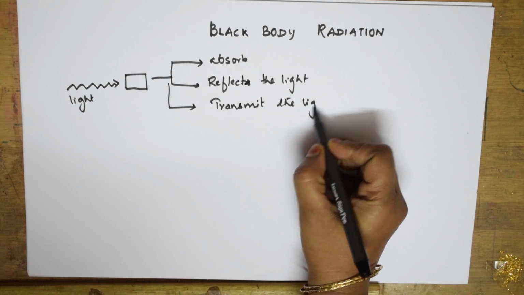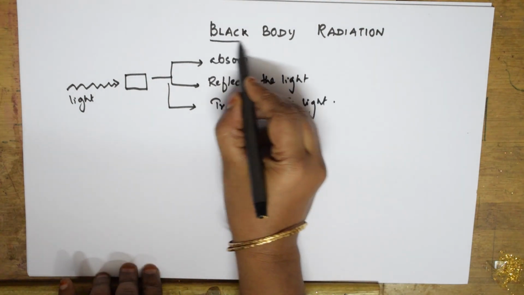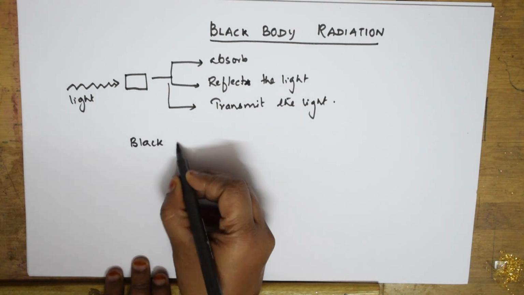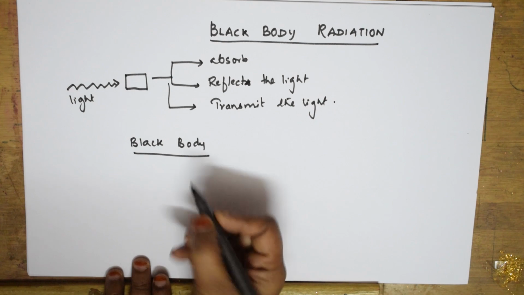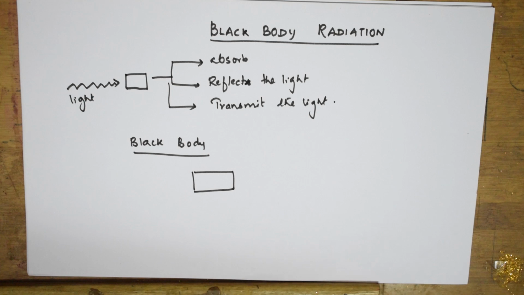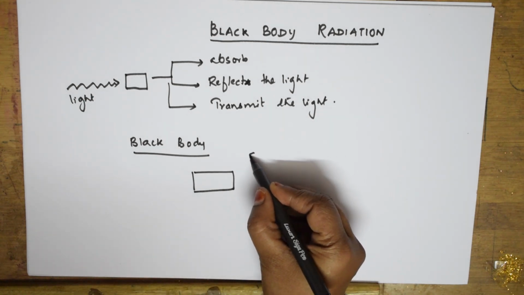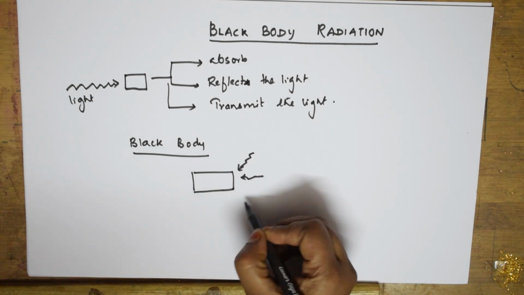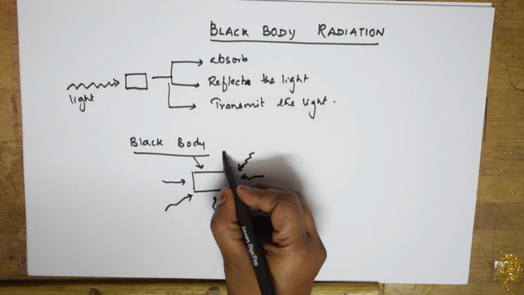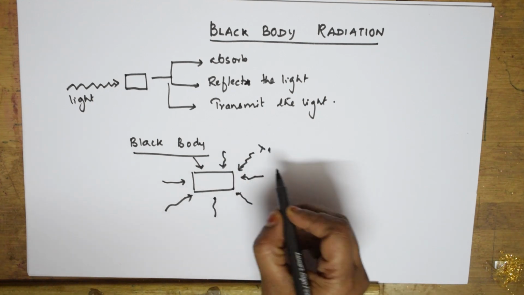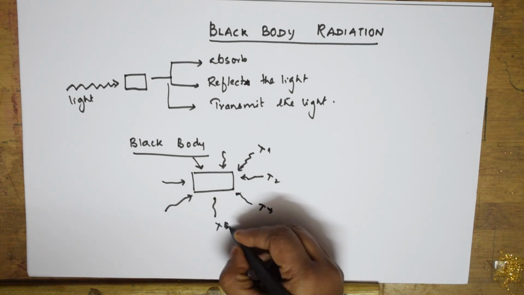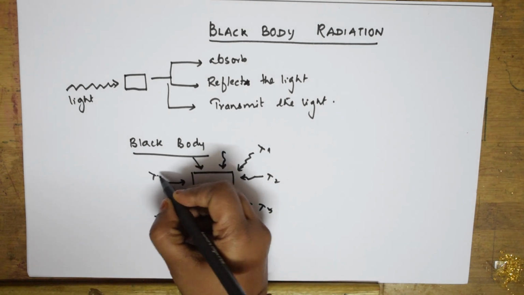Now suppose I speak about an ideal black body. When you send different incident rays, this light ray, this light ray, in all directions, this is lambda 1, one wavelength, lambda 2, lambda 3, and so on up to 6.